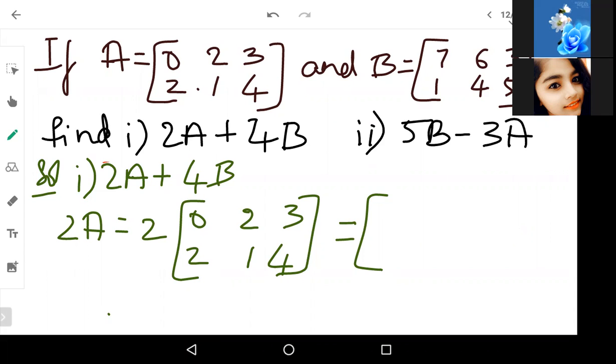Ravi, please check the calculations. Yeah, 6. Correct. If it is 6, then it is correct.